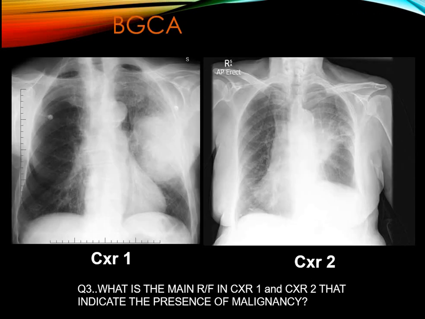Another question: do chest X-ray number 1 and chest X-ray number 2 have certain features that indicate malignancy? Of course, chest X-ray number 2 has a lot of features, from the shape of the mediastinum to the hilum, elevation of the dome of the diaphragm, to the patchy opacification of the lung, but there is a key sign in the chest X-ray that directs us toward malignancy and makes us believe this is a bronchogenic carcinoma.